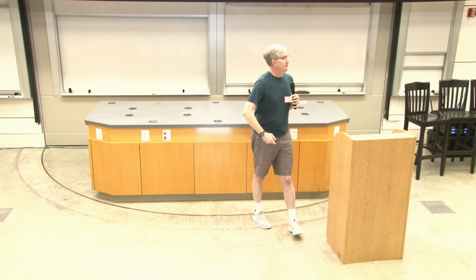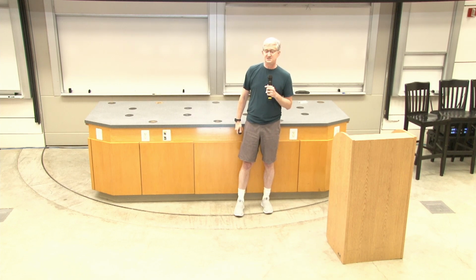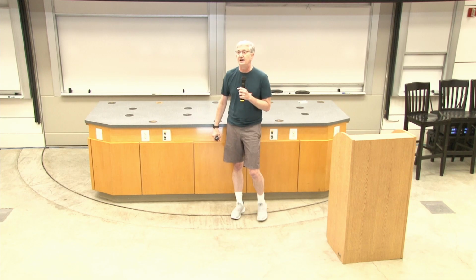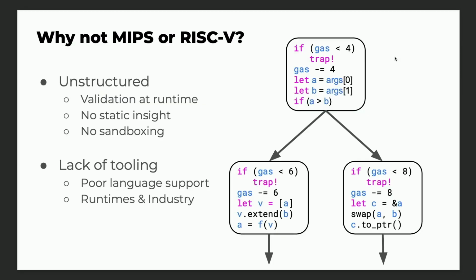Okay, so why use WASM and not some other instruction set like MIPS or RISC-V? Basically, these other instruction sets are unstructured, and they don't have the type safety and structure guarantees that WASM gives you. It's not easy to statically analyze a program in one of these other architectures and make sure it's safe and make sure it doesn't try to mess with the instrumentation that we're going to try to add.